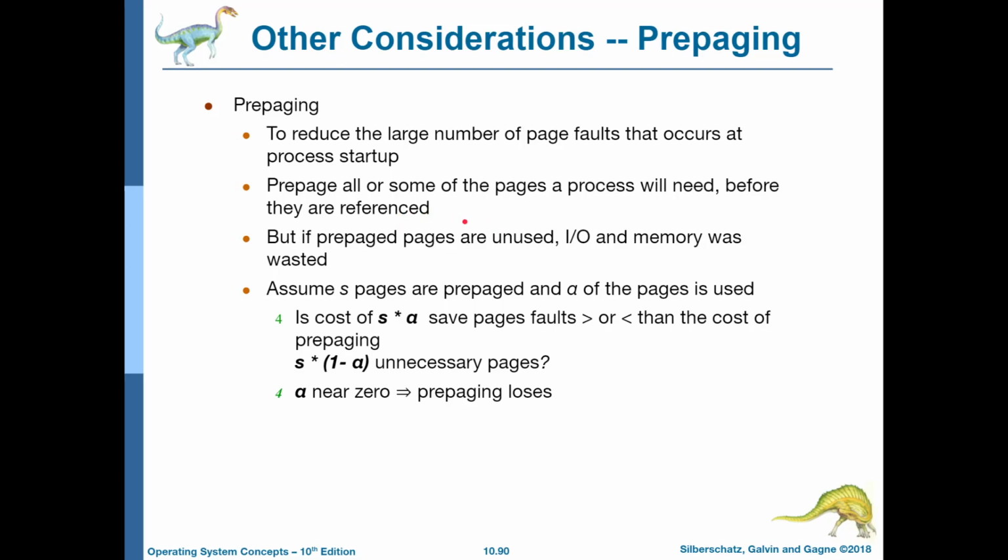Now, mind you, if these pages aren't accessed, then we do waste I/O. But if these pages are accessed, it will save us quite a bit. And we can see that there's a calculation here: the cost of S times A saved page faults, because we'll have lots of different page faults.